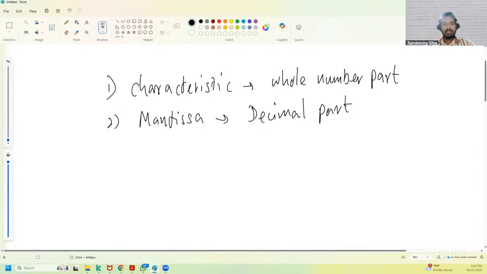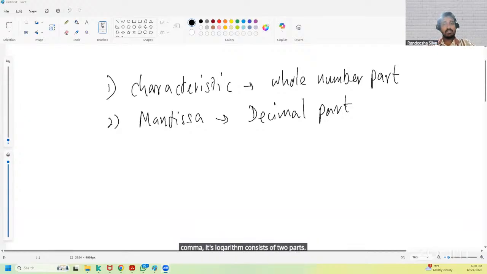Please write down like this. When a number is greater than 10, its logarithm consists of two parts.